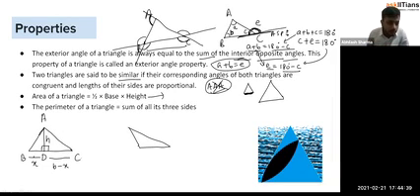So if this much is x, the remaining will be b minus x, because the total length of BC is the base b. I am assuming the base length to be b.